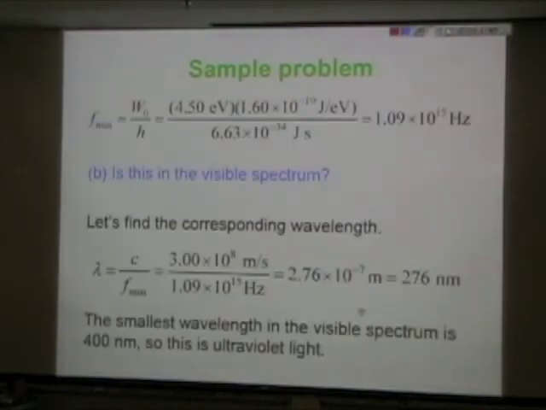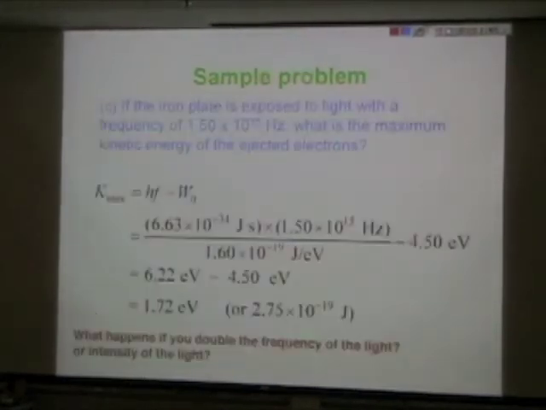Well, this is below the visible spectrum, so we couldn't see it. If we used light with a higher frequency, we could calculate how much kinetic energy electrons would have.